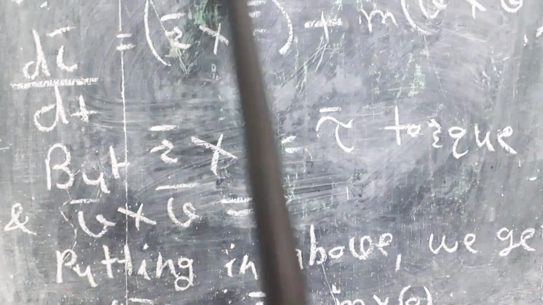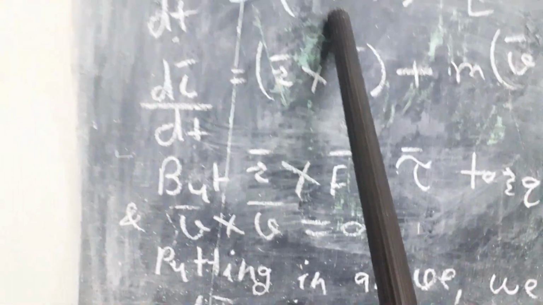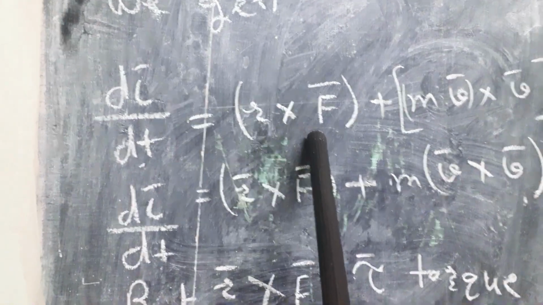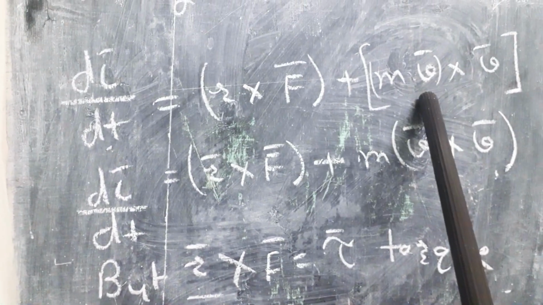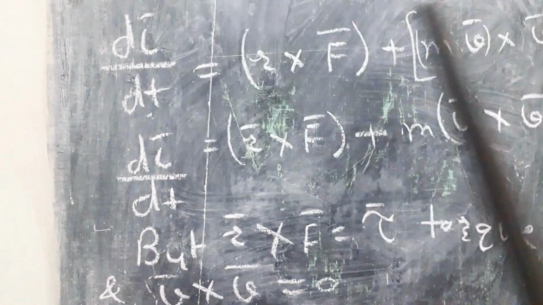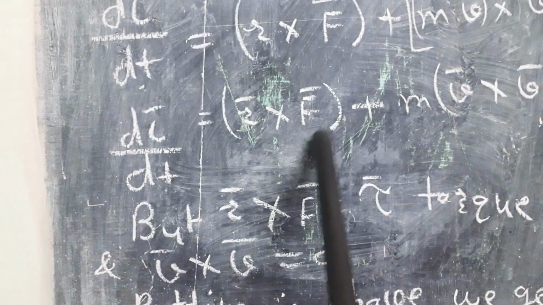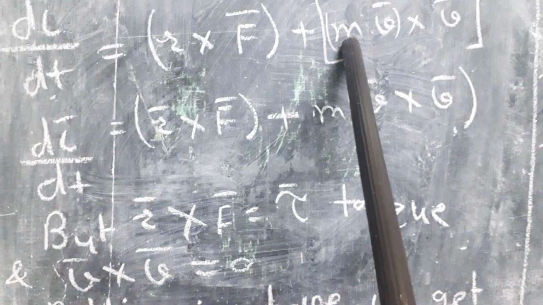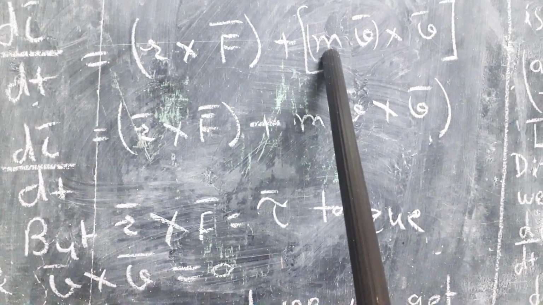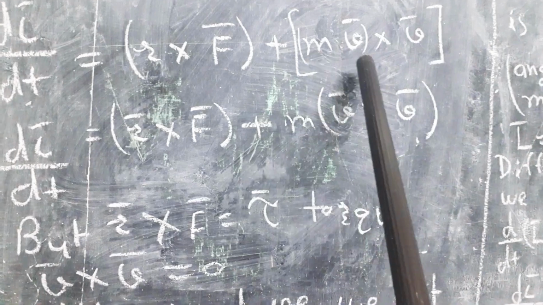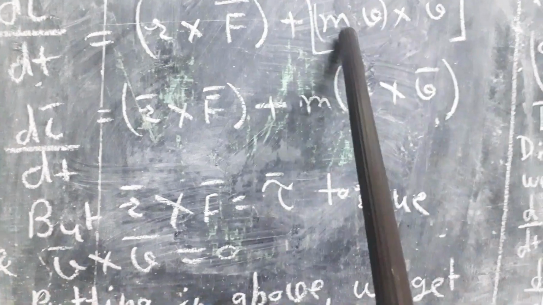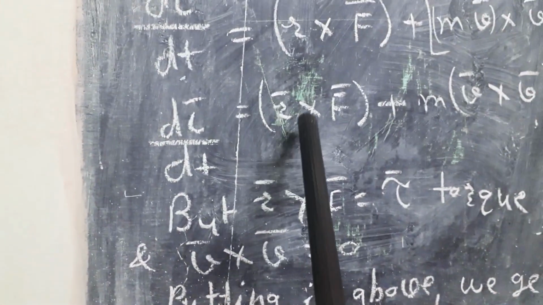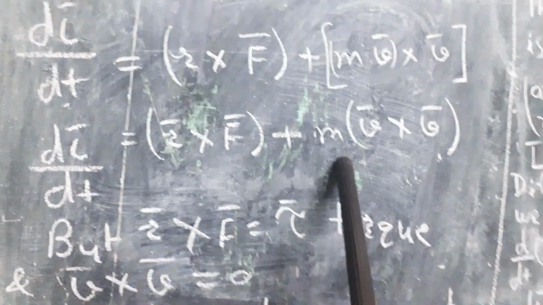So putting values in proper places, dL by dt is equal to r cross F bar plus mv bar cross v bar. m is a constant, a scalar quantity, not a vector quantity. So we can take m outside the bracket and get dL by dt is equal to r bar cross F bar plus m v bar cross v bar.